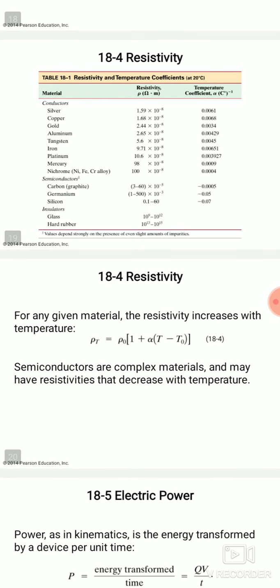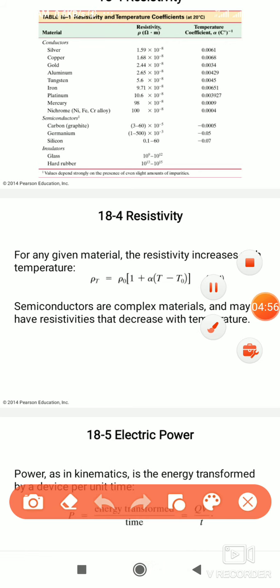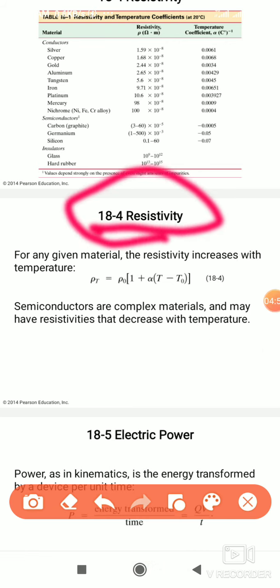For any given material, resistivity increases with temperature. Semiconductors are complex materials and may have resistivities that decrease with temperature. In other words, resistivity is also resistance, but a specific type: the resistance of a conductor of length 1 meter and cross-sectional area 1 meter square.